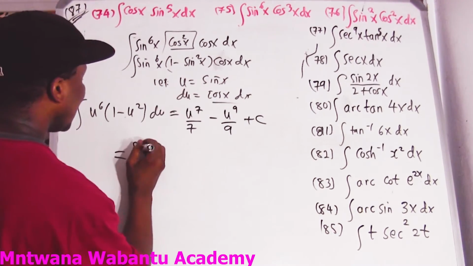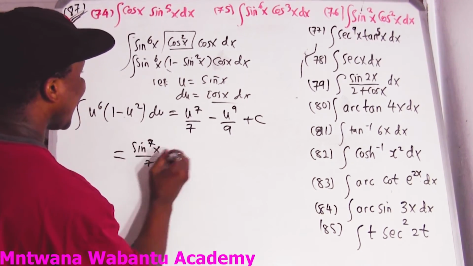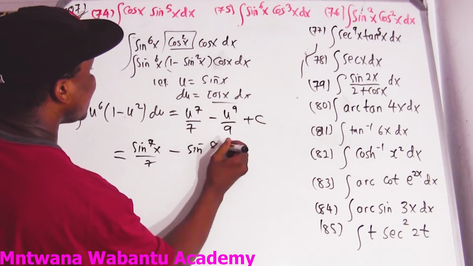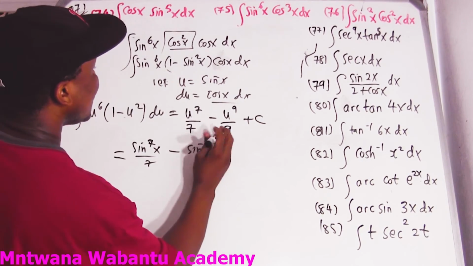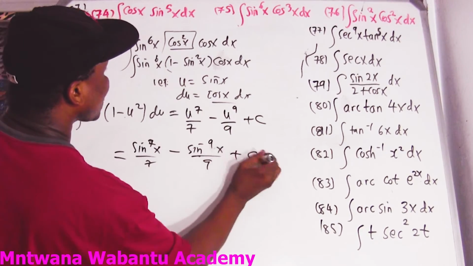We know u equals sine, so it's sine 7x over 7 minus sine 9x over 9 plus constant. We're done with that question.